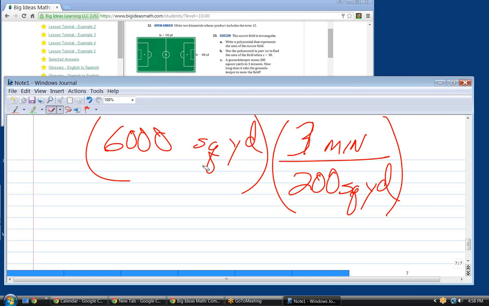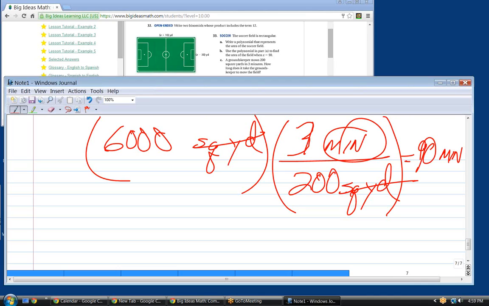If I look at it like this, and I know my answer is supposed to be in minutes, then I know I've done it correctly. That goes away, I end up with the minutes, and I have to divide 6,000 by 200 and multiply all of that by 3, so I still get my 90 minutes.